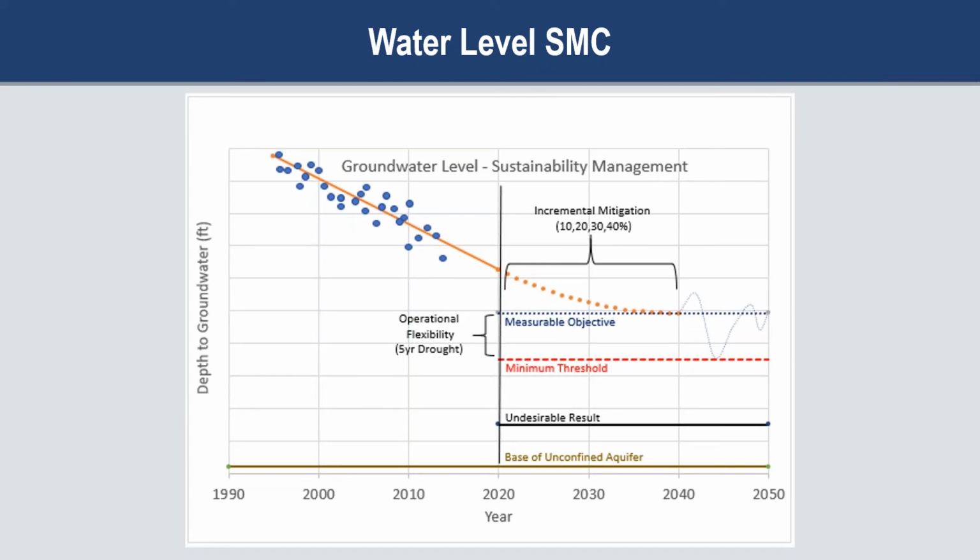Maybe if I can chime in, our minimum threshold number is more of a minimum threshold for our operational range. We still would like to maintain sufficient cushion there, not to bump up against a significant and unreasonable undesirable result. That's really what the black line is. Loss of water storage or declining elevations is obviously an undesirable result, and the quicker we can stop that from happening, the better.